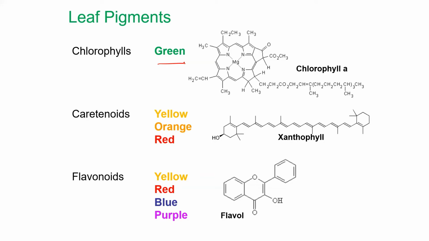Take a look at these pigments, and one thing I noticed right away when I look at the structures of them is they are loaded with double bonds. When you have these systems of double bonds, they are called conjugated double bonds. If you take a look at this flavanol, I've got a double, a single, a double, a single, a double, and so on.